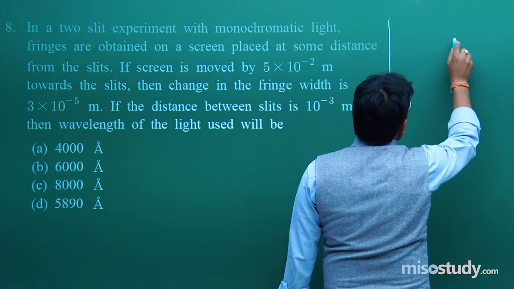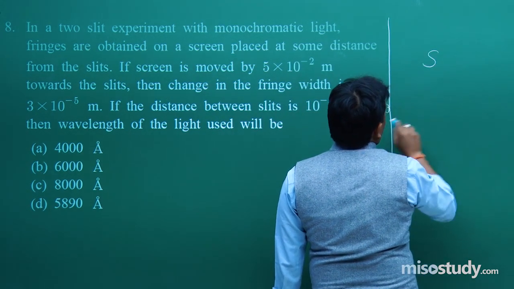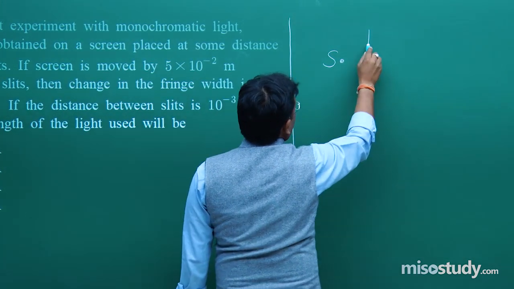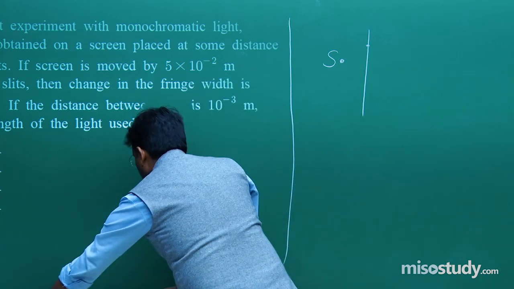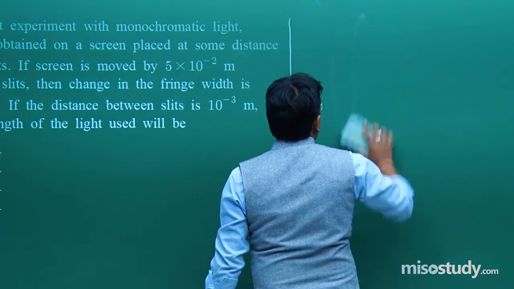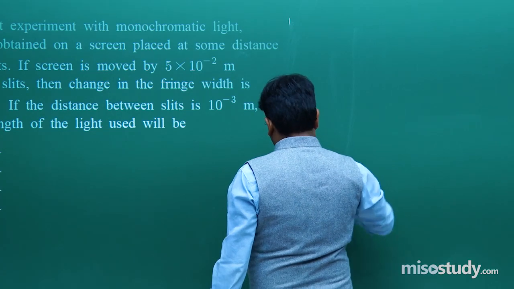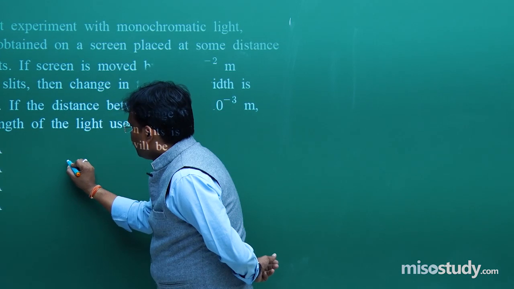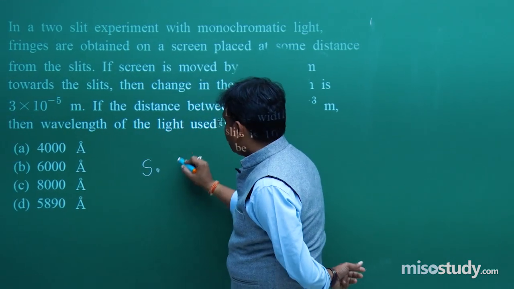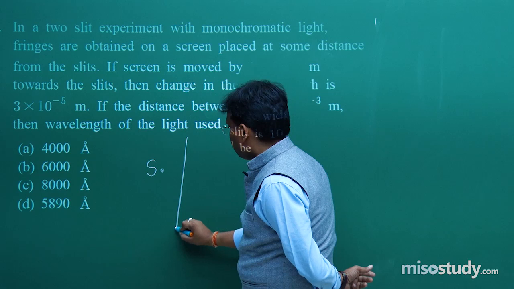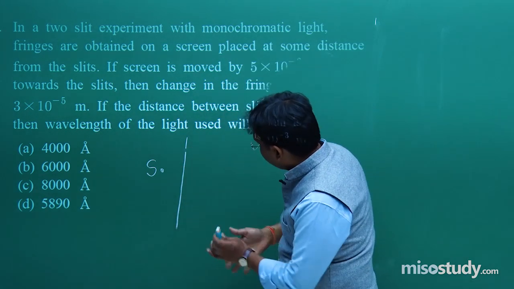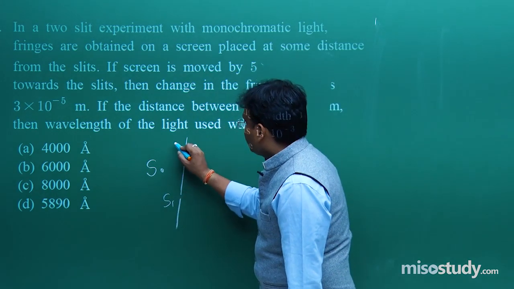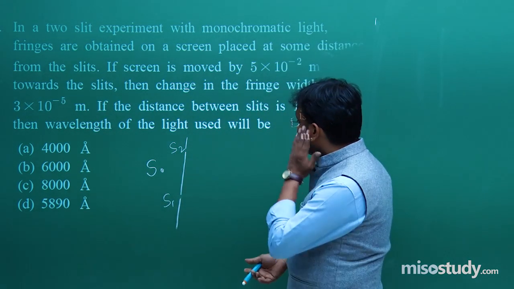The diagram is, this is S, the first source. I think I should create the diagram close to this question itself. This is the first slit, then this is S1 and this is S2, fine.